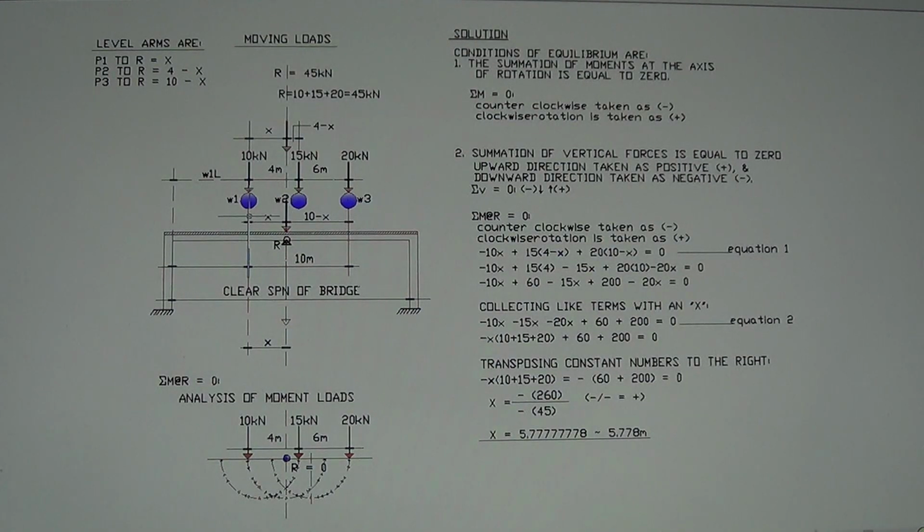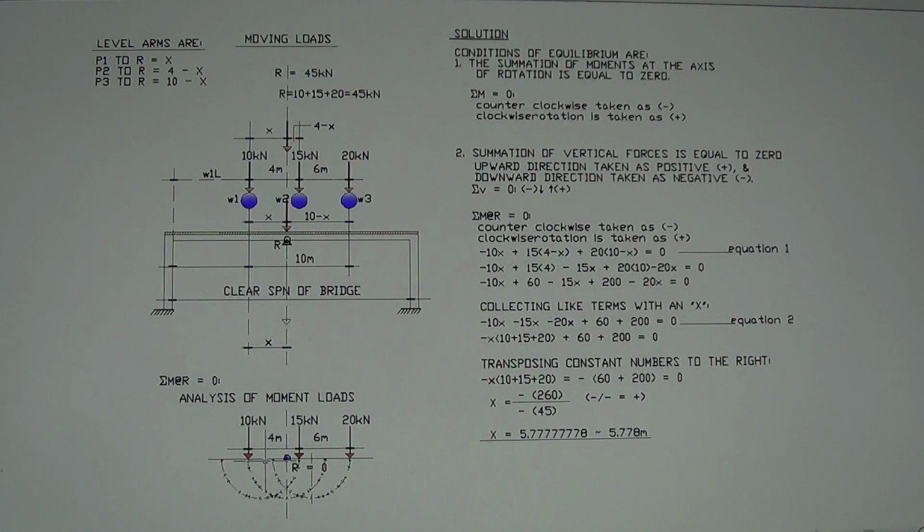So the 10 kilonewton will rotate right here, and that is a counterclockwise rotation. This is the point R. The 15 kilonewton will rotate in this direction, and that is a clockwise rotation. And the 20 kilonewton will rotate in this direction, and that is also a clockwise rotation.